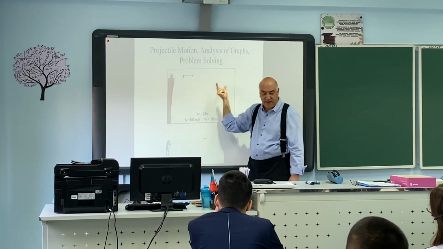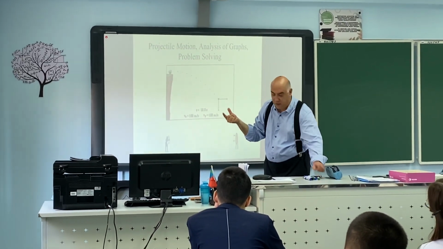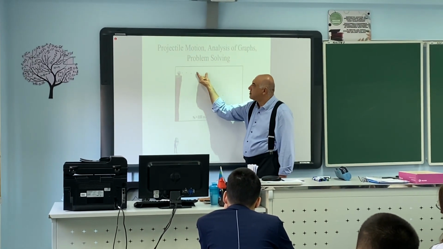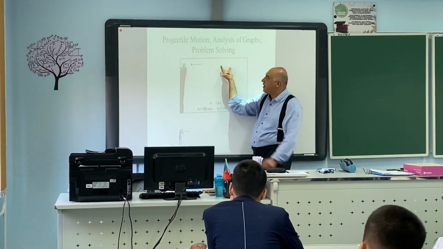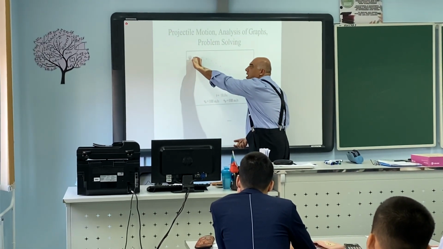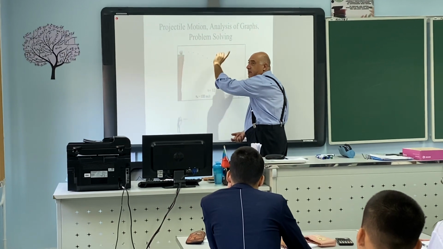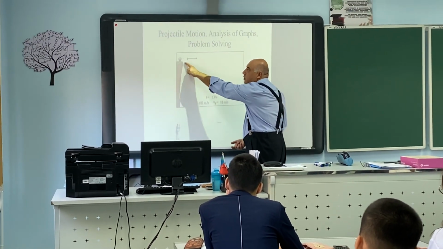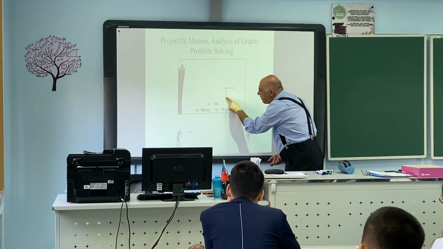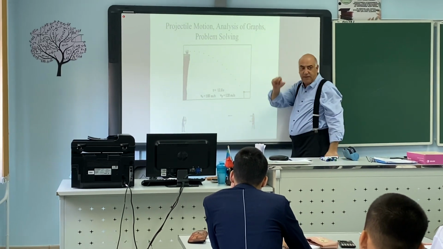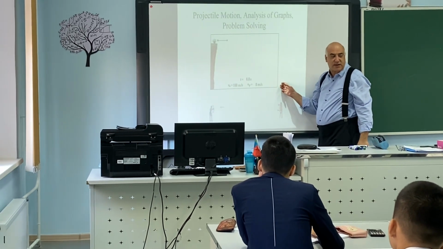Now, what is different is that at every point, as time is going forward, I'm increasing my vertical component of the velocity, which goes from 0. You see the second arrow? It's getting larger and larger. Why is it getting larger?